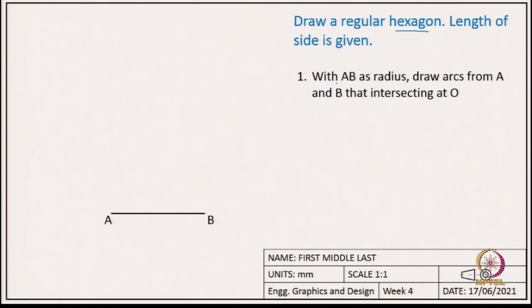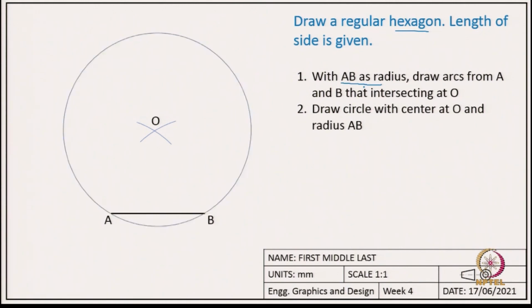Now what we will do is, with radius AB, we will draw a circle. You will first identify the center of the circle with the 2 arcs. This procedure is similar to what we did for the equilateral triangle in the previous slide. Okay. But now with O as the center, we will draw a circle and the radius is AB. Okay. So, this is that circle.